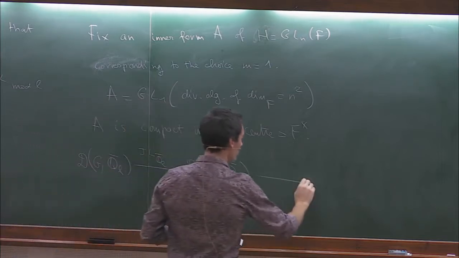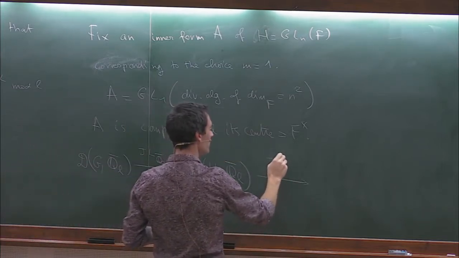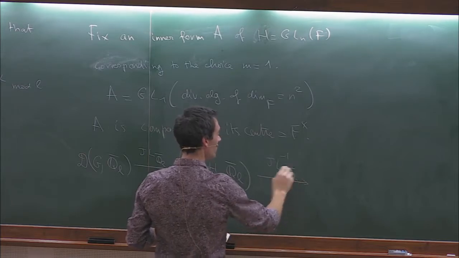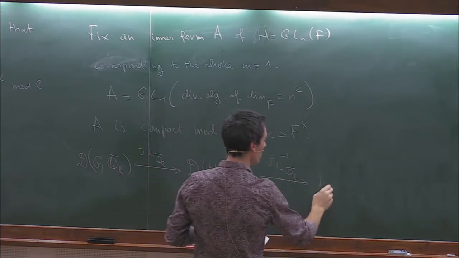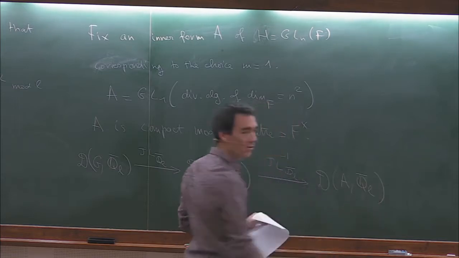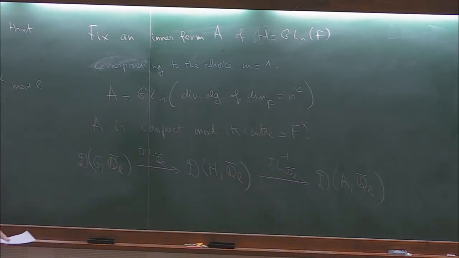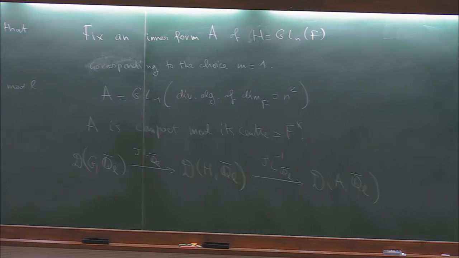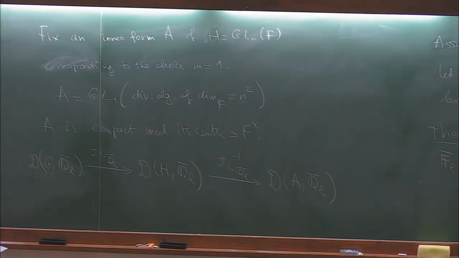And then you apply the inverse of the Jacquet-Langlands correspondence, and you go to D(A, Q_l bar).